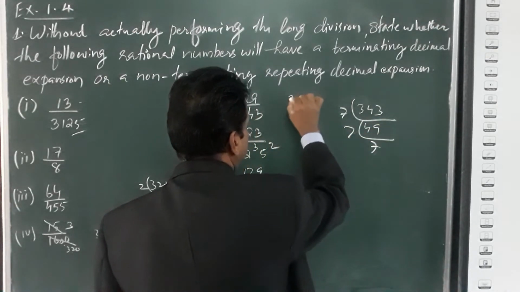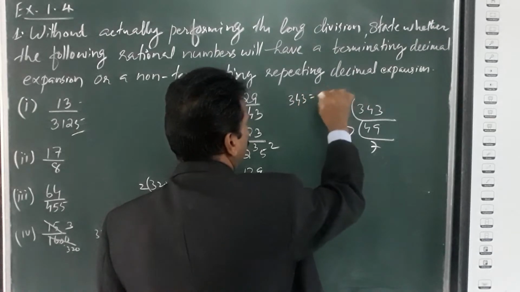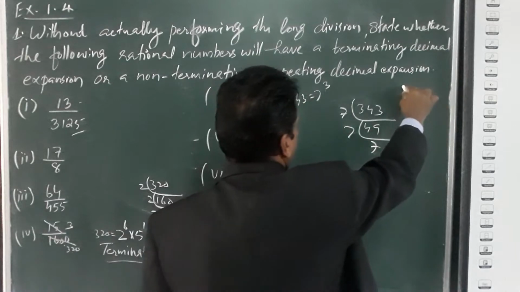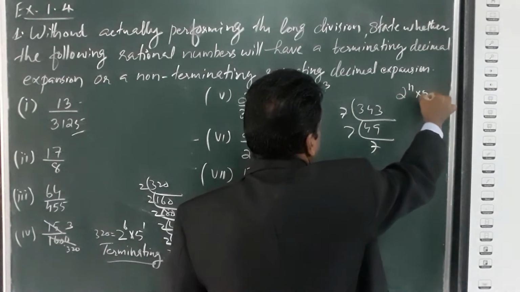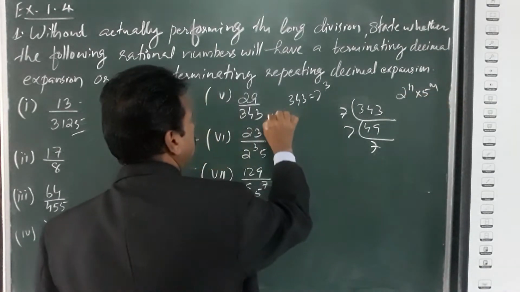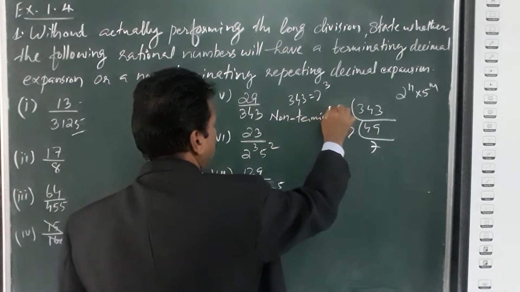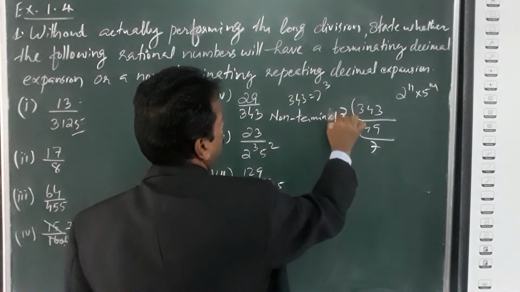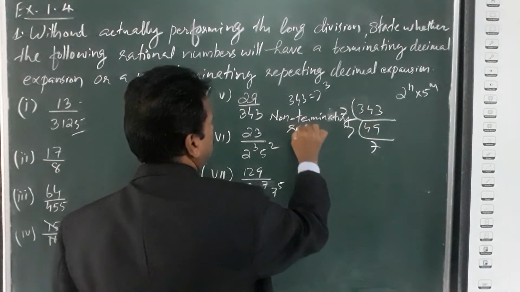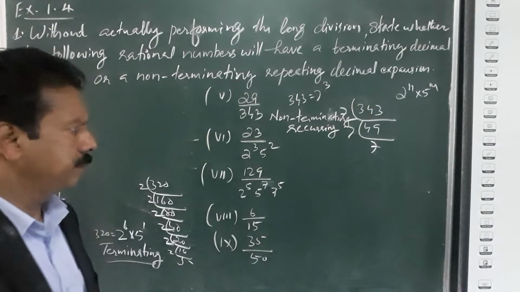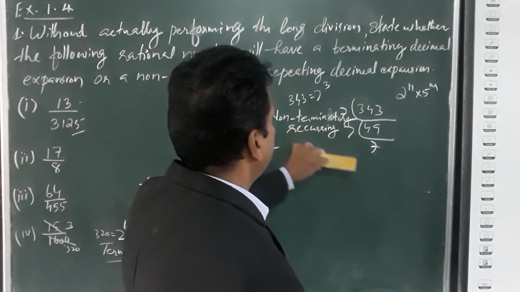Then 343 is equal to 7 raised to 3. Is it in the form 2 raised to n into 5 raised to m? No. Therefore, non-terminating, recurring.